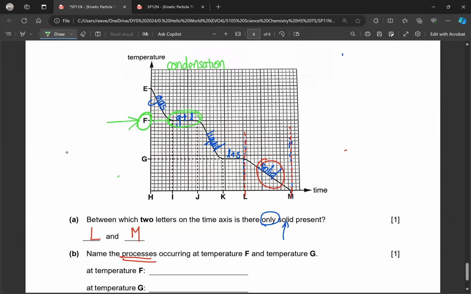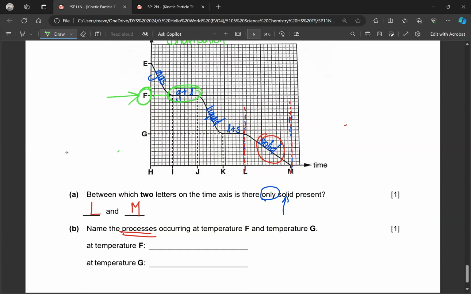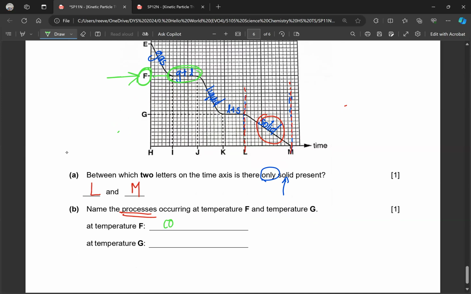So at temperature F, the substance is undergoing condensation. It simply means the gas is turning into liquid as it gets colder and colder.